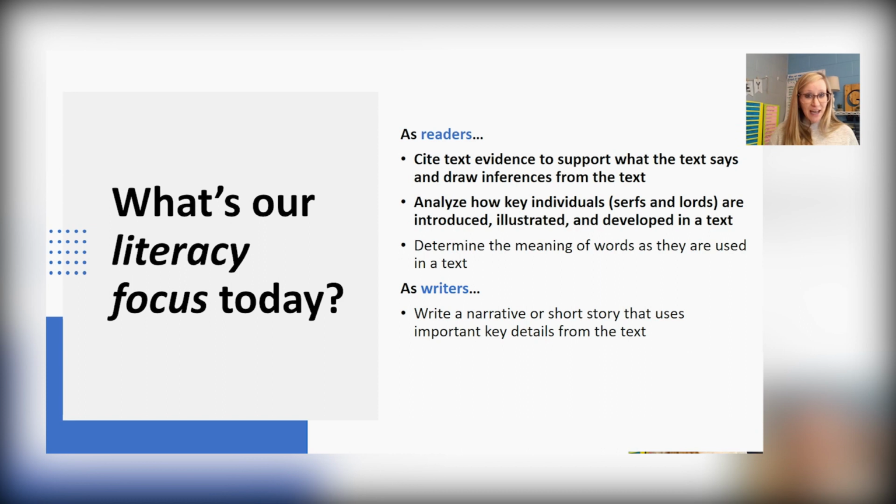We're going to be looking at vocabulary that is meaningful in our reading. And we're going to use all of these details that we cite evidence on today to then go into writing. Today, you're going to be writing a narrative or a short story that uses important key details from the text. So it's important that you tune in and listen really well today. So let's begin.